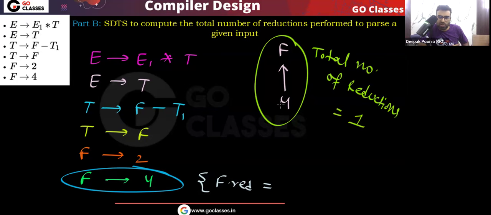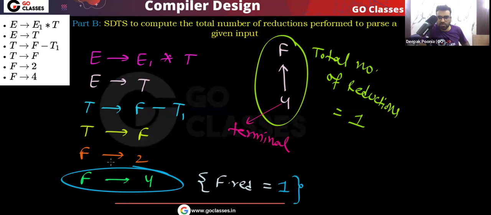Because this 4 is already a terminal, so you cannot go below it. So when you reduce 4 to f, the total number of reductions performed is equal to 1. So corresponding to this production rule, the semantic rule will be f.red equal to 1.